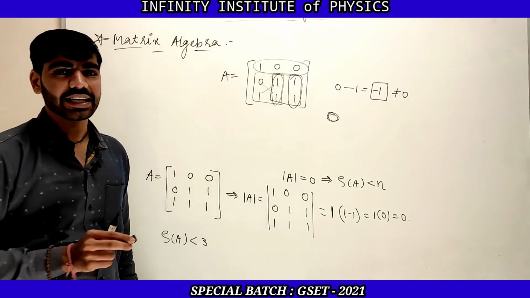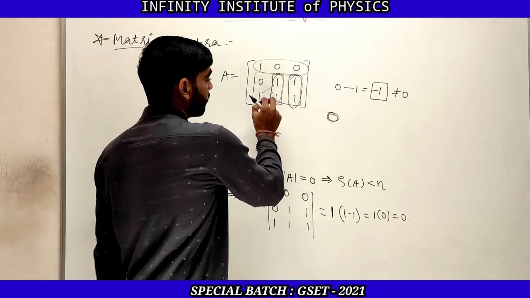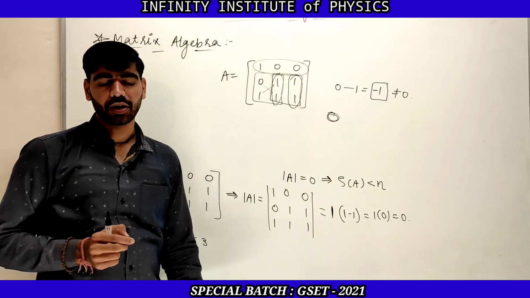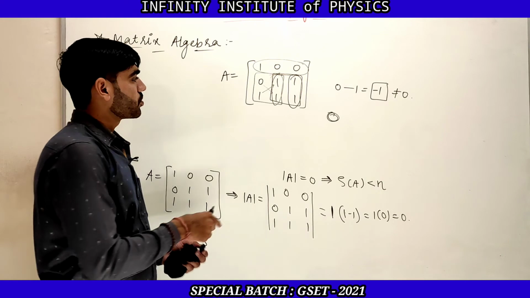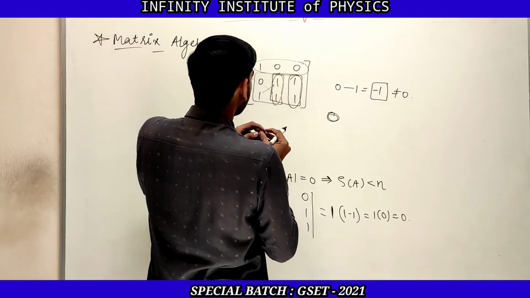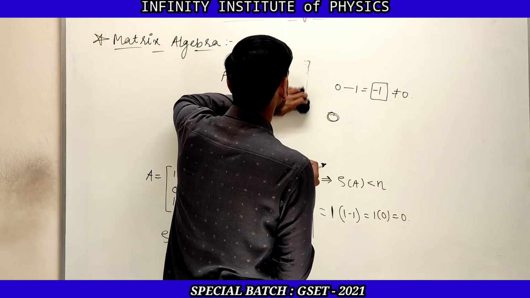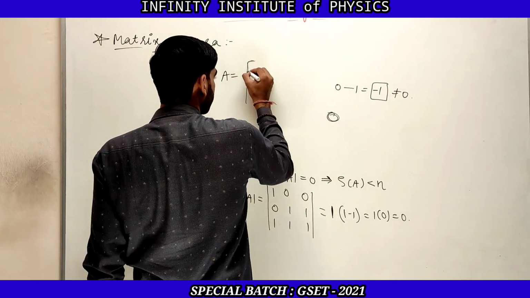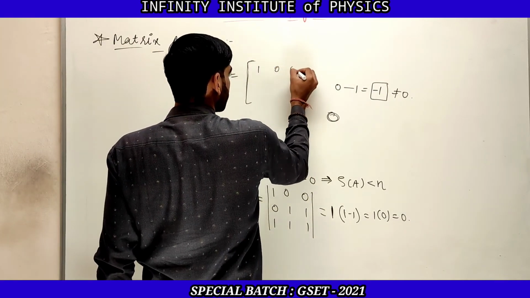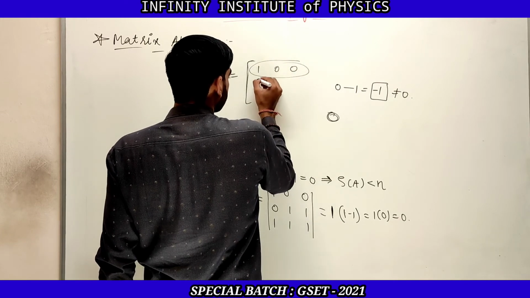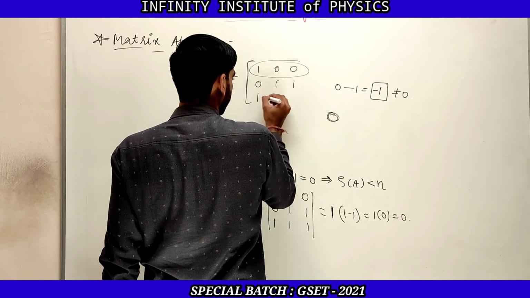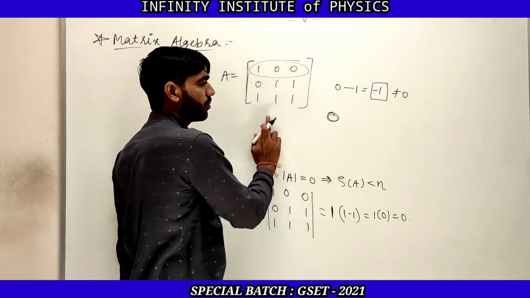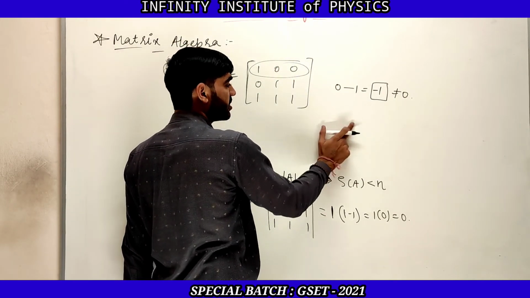Whenever we get determinant 0, then one of the rows you need to neglect and you need to consider the remaining row or remaining column. So suppose you have considered the second and third columns, 1 0 0, which we have already neglected, then 0 1 1 and 1 1 1. And suppose you consider this 2 by 2 matrix for which we are getting determinant 0.